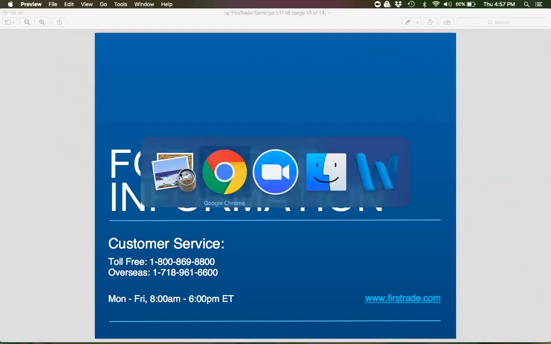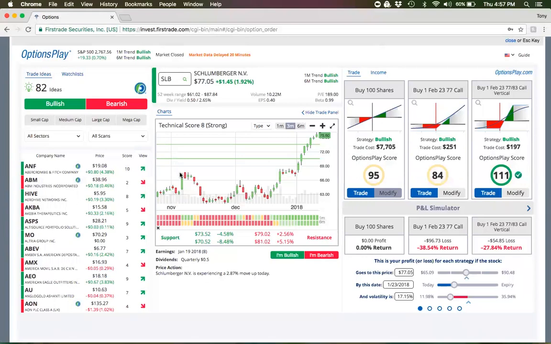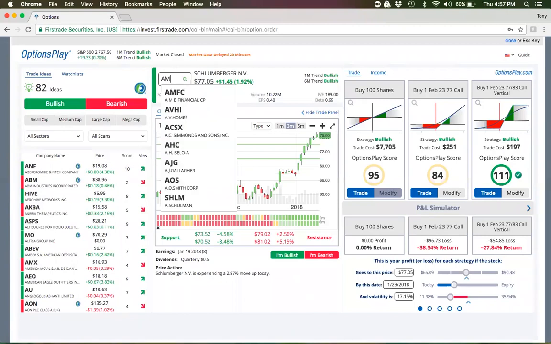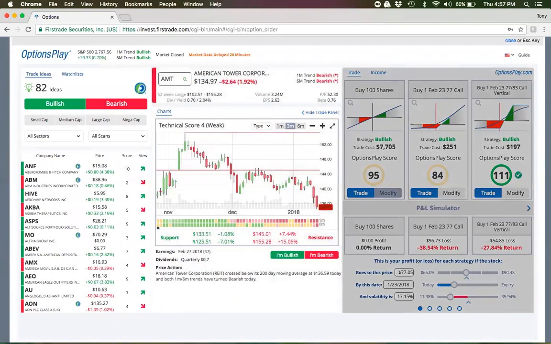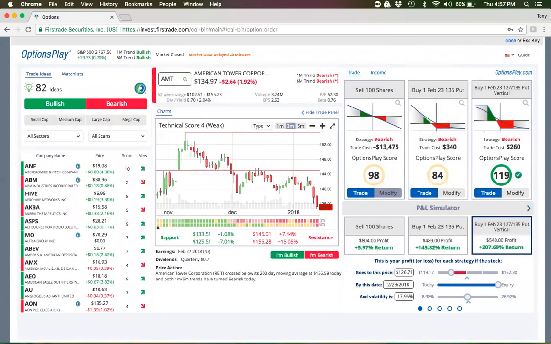So let's take a look. I don't have a specific bearish stock coming up with earnings. Why don't I take a look here real quick? I don't know that I have any bearish stocks. Let me see. The stock doesn't report earnings for some time.